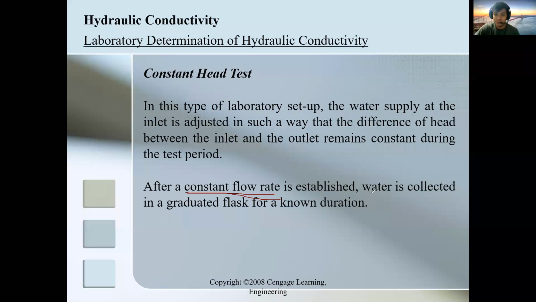Now, of course, for you to determine the discharge and for you to determine the hydraulic conductivity, you just have to collect the water for a certain amount of time. Diba? Volume over time is discharge.